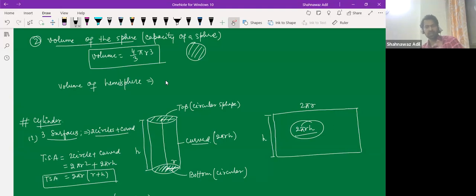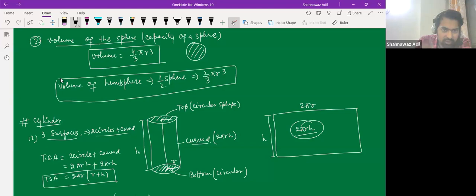So your capacity will decrease in half. So volume will be half of that sphere, so that would be 2 by 3 pi r cube, right? Okay, so please also put down this part, and then we'll talk about the volume of this.